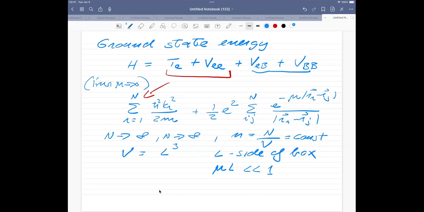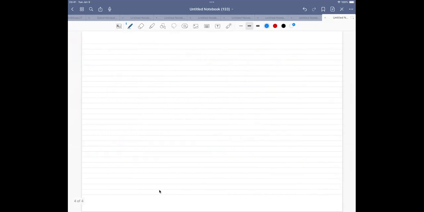So if I take the kinetic energy term, the sum over i equal 1 up to n of h-bar squared k_i squared divided by 2m, we are going to rewrite that in terms of a second quantized term. In this case, we are now summing over all the possible single particle states.